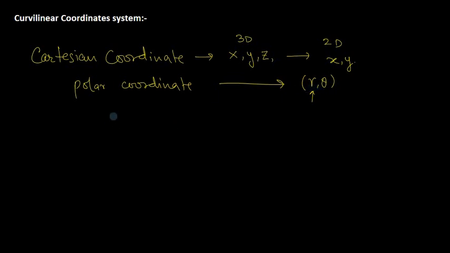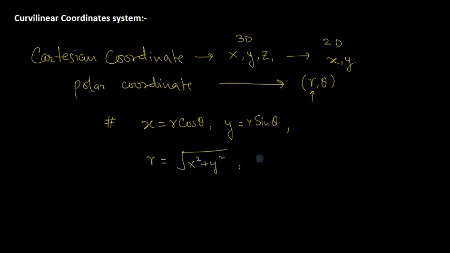There is some relation that exists between these two coordinate systems. x is equal to r cos theta, and y is equal to r sine theta. So one can simply substitute in another way. You can also check r is equal to under root of x square plus y square, and theta is equal to tan inverse of mod of y by x.